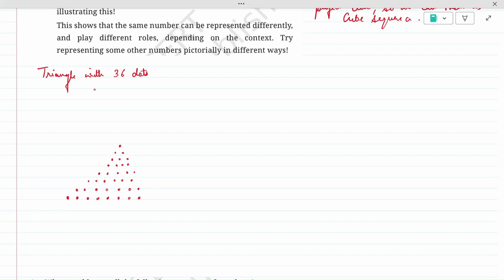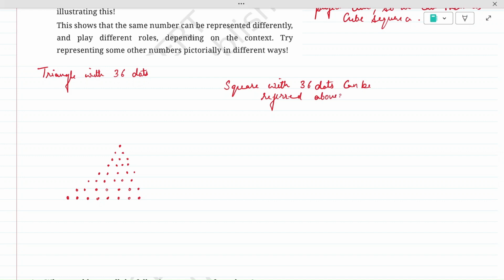So this is a triangle with 36 dots, and the square with 36 dots can be referred to above. We have done it above.